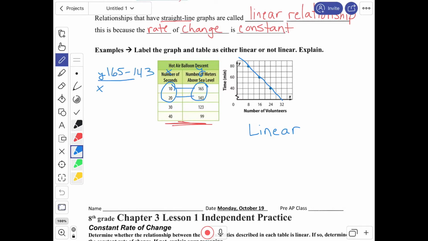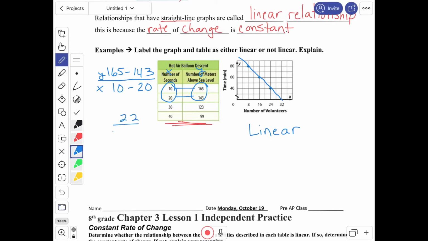So on top, we're going to subtract 165 minus 143. And on bottom, the number that went with 165 was 10, and the number that went with 143 was 20. So we're going to do some subtracting. 165 minus 143 is 22.